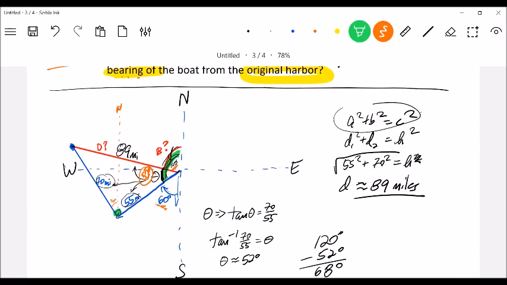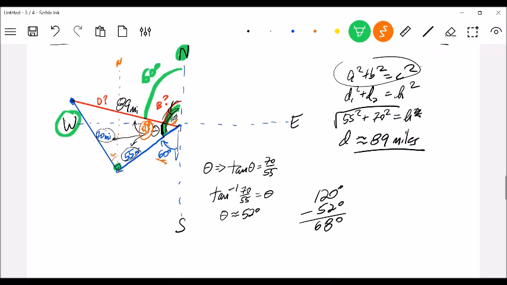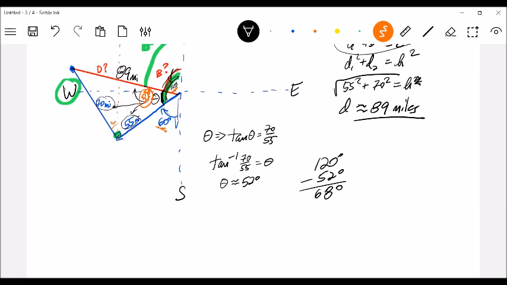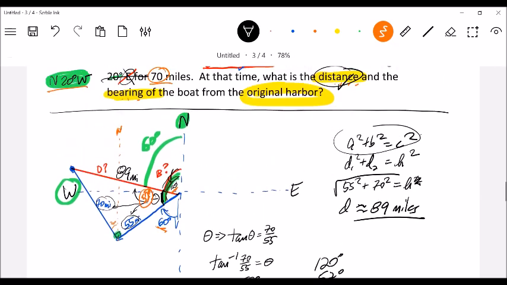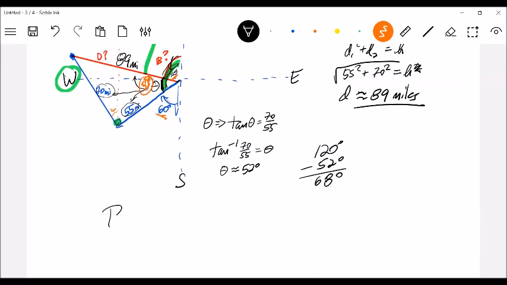And this is north 68 degrees to the west. So my answer for the bearing is north 68 degrees west, and the distance was 89 miles.